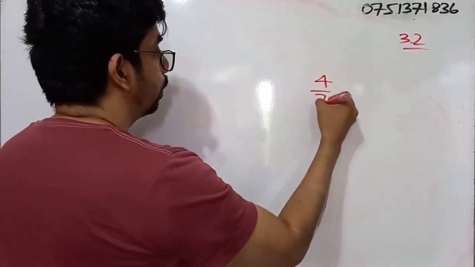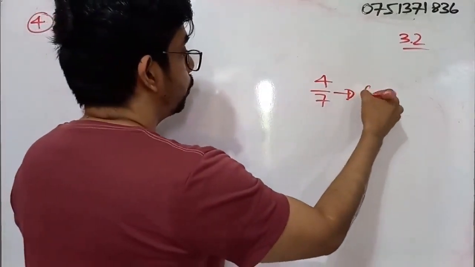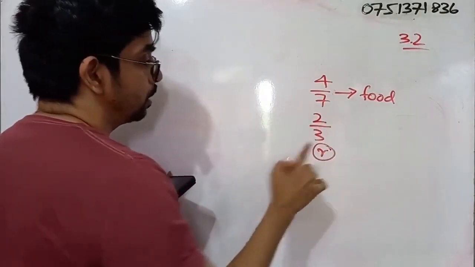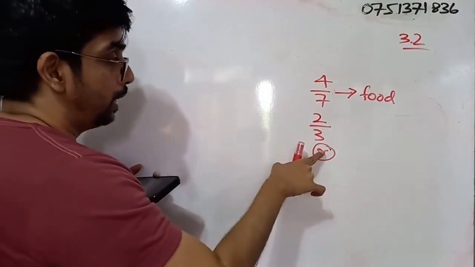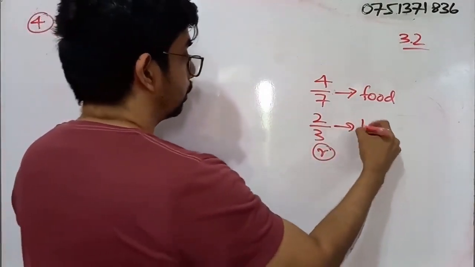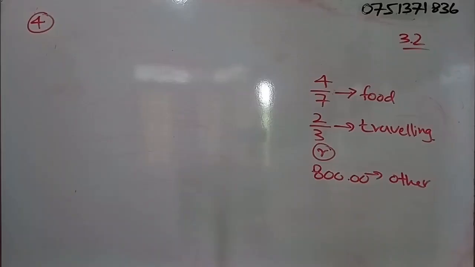So 4 7ths. So this much was spent for food. Then of the remaining amount, I'll simply put an R, 2/3 was spent on what? Traveling. And 800 rupees, other expenses. Find how much Anil spent in total on the trip.